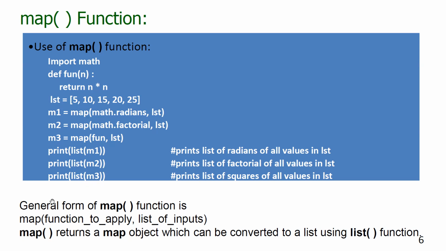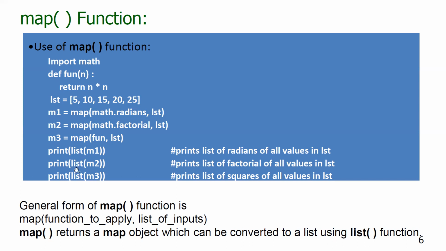This is the general form of the map function: map, the function we have to apply, comma, the list of inputs. Map returns a map object which can be converted to a list using the list function. That's why we have used list here.